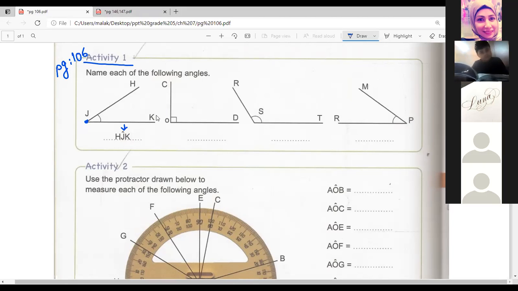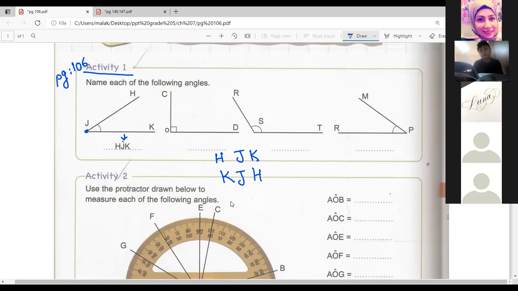We can start with H or with K. Both of them are correct, but the J اللي هي الفيرتكس it has to be in the middle. يعني we can say HJK or KJH. Both of them are correct.